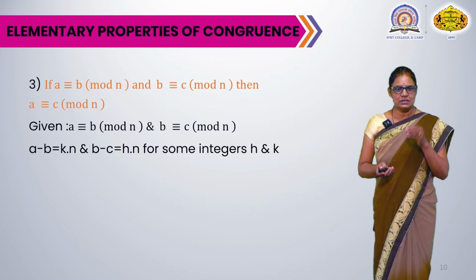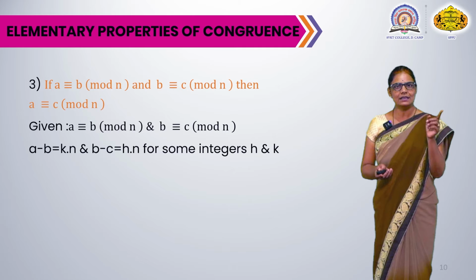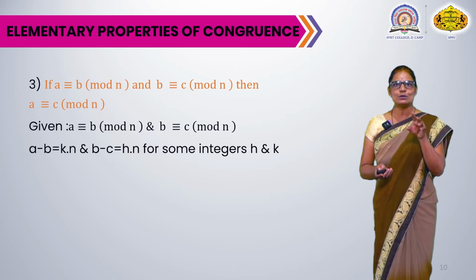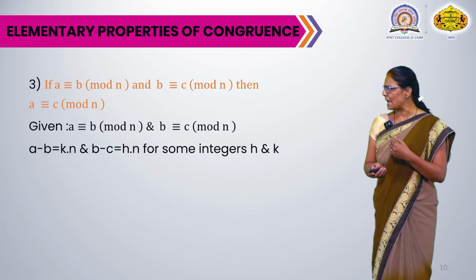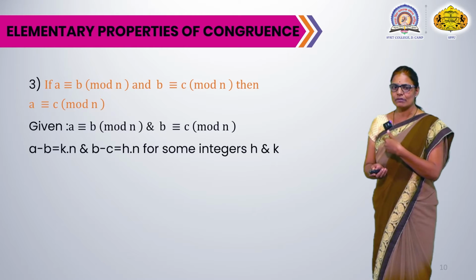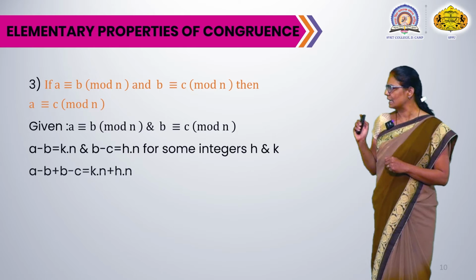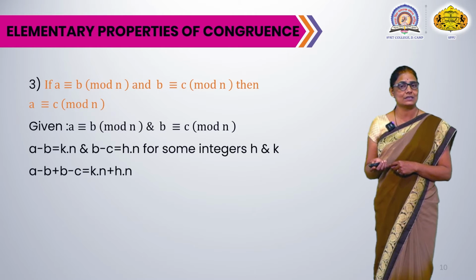Since we want to prove that a is congruent to c modulo n here, we prove the difference a minus c is an integral multiple of n. If you observe both the equations simultaneously, adding these two equations we will get our required number. So we get a minus b plus b minus c is the same as n times k plus n times h.